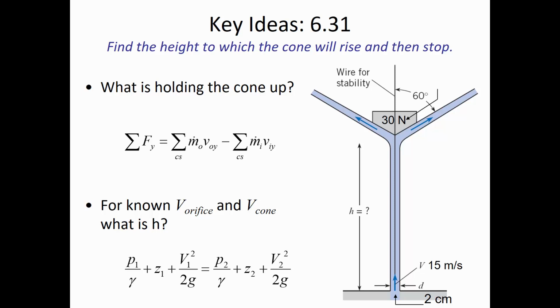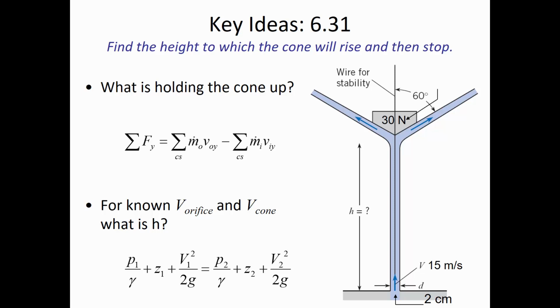Now there's one more thing that I have to address because it may be confusing you. What is the continuity relationship? Do you remember the continuity equation? It's the main equation from chapter 5. We call it the continuity equation. What is it? Q equals VA. Good.